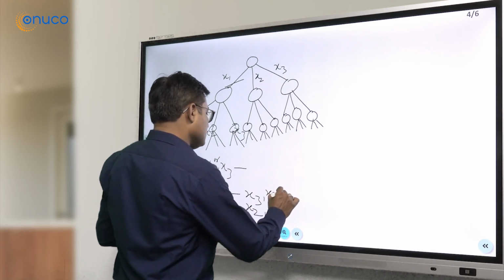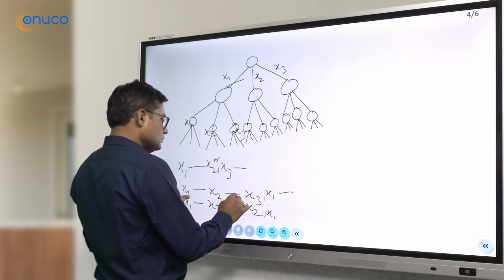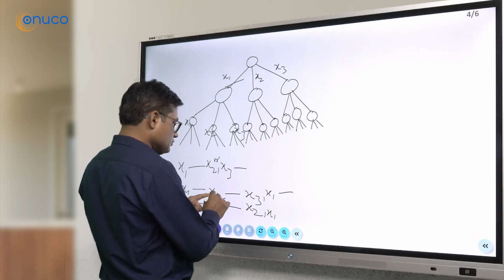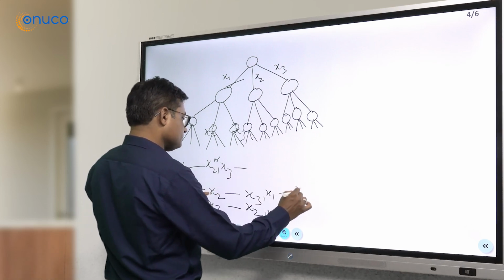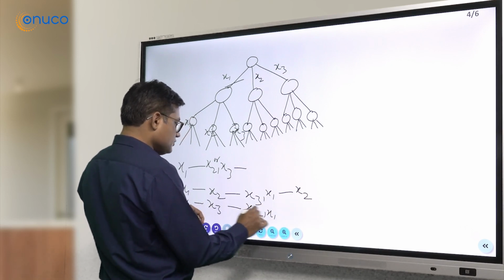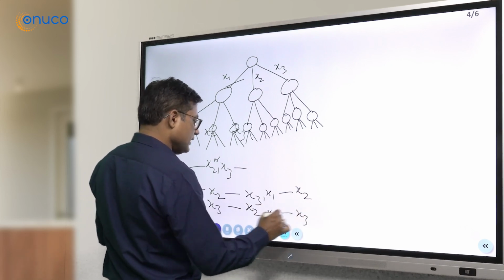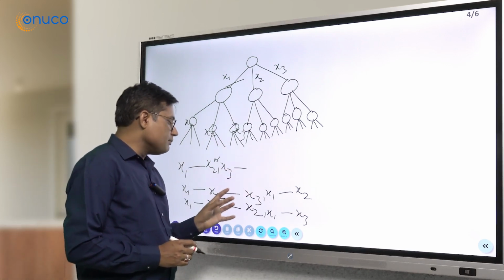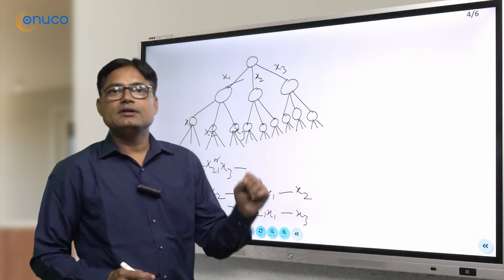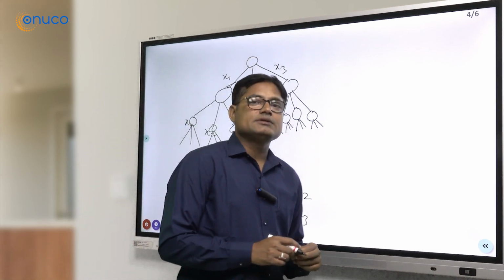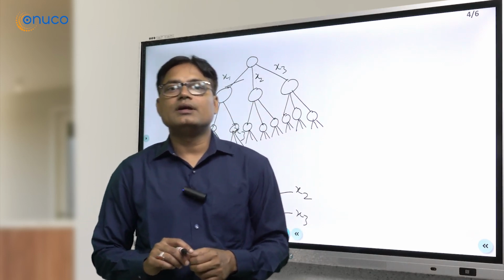Likewise, since x2 is used here, we can use x2 again here. Here x3 is not used, so we can use x3 here. So we can use the minimum number of colors for each and every level, and that is why a famous coloring example is the 4 coloring graph.